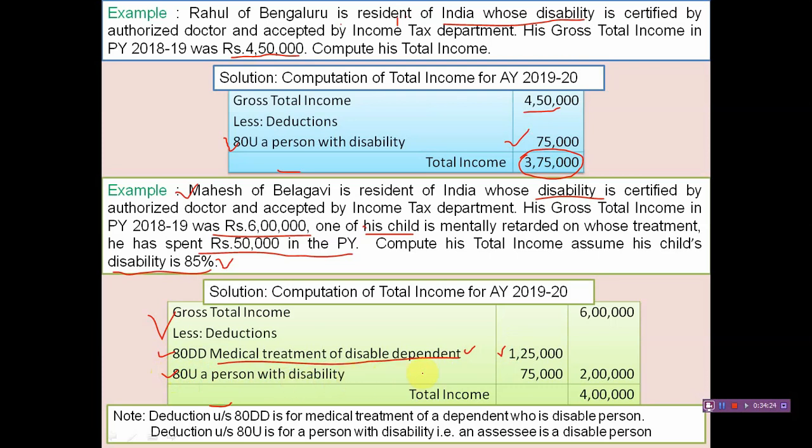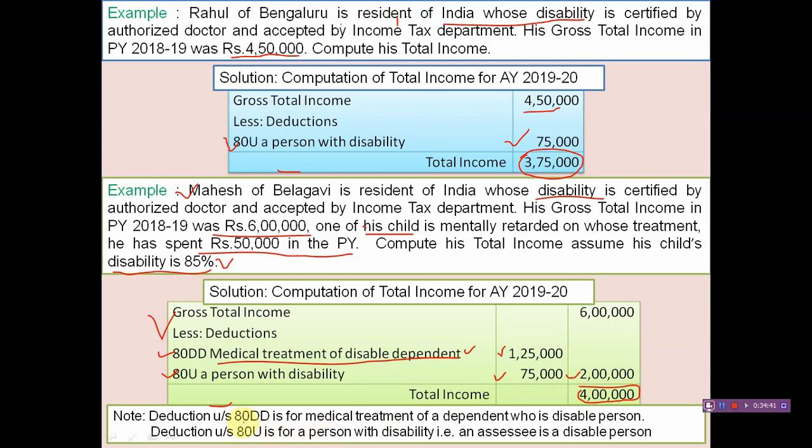So the assessee is a disabled person, so the deduction is 75,000 under section 80U. Total deduction allowable 2 lakh, so 4 lakh is the total income of Mahesh.